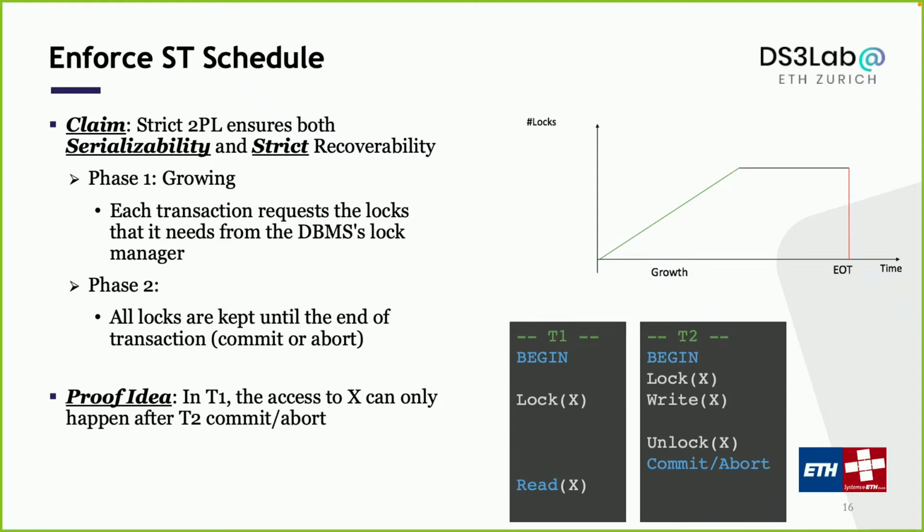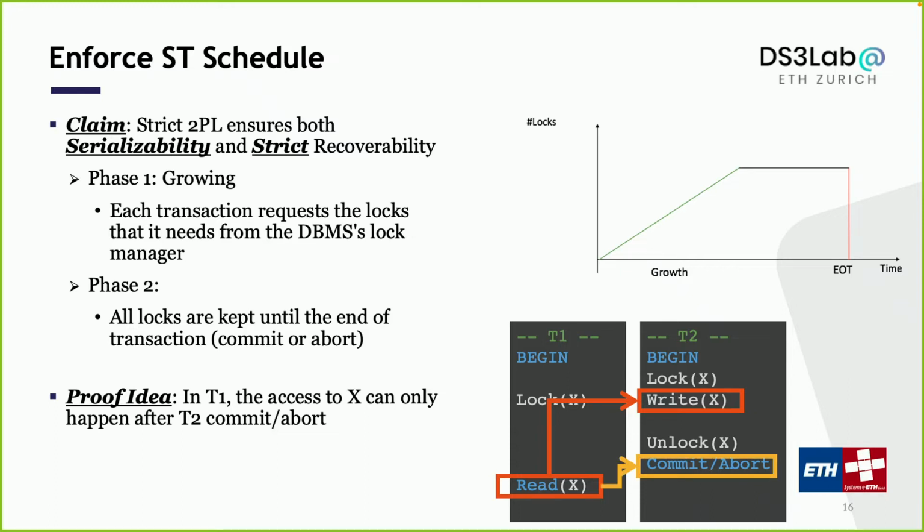The idea to prove that is by looking at this example. When can T1 have access to X? Because all the locks from T2 on the same objects are held until the very end of the transaction, T1 can only have access to X after T2 releases the lock.